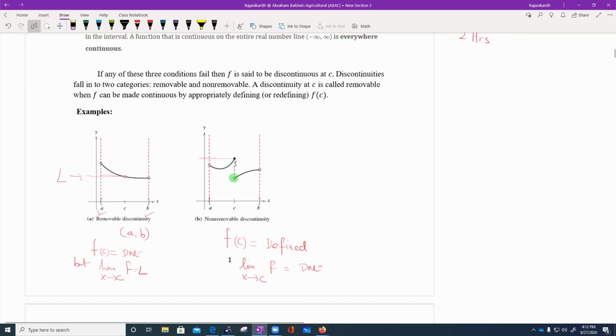There's a difference between the left limit and the right limit, therefore the limit does not exist. Whenever the limit does not exist in this kind of scenario, we always call it a non-removable discontinuity. Okay, so keep in mind those two points to identify what kind of discontinuity it is.